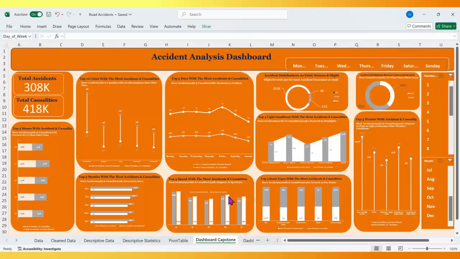This project is part of a capstone analysis focused on road traffic accidents in the UK. The goal is to identify accident trends, high-risk factors, and propose data-driven road safety recommendations.